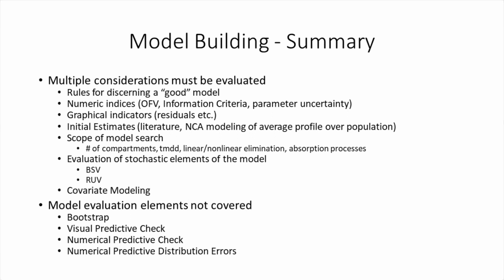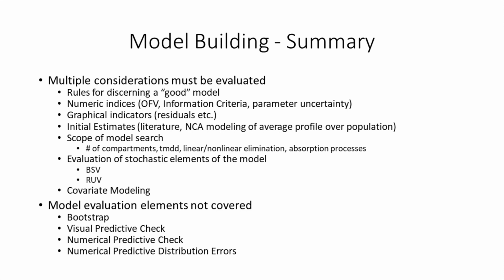So to summarize our model building vignette, we have multiple considerations. We have to come up with rules for discerning what we think a good model is. We have numeric indices to help guide this, things like objective function value, information criteria, parameter uncertainty. There are graphical indicators such as residuals and these various plots we discussed.